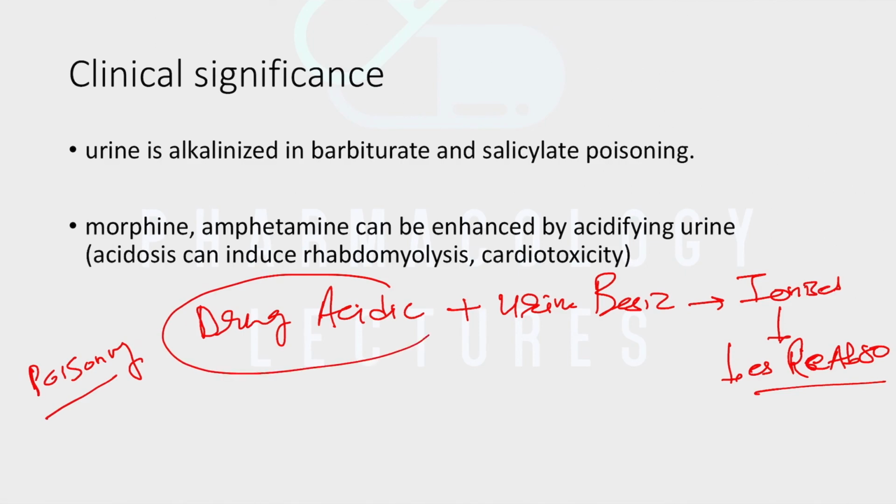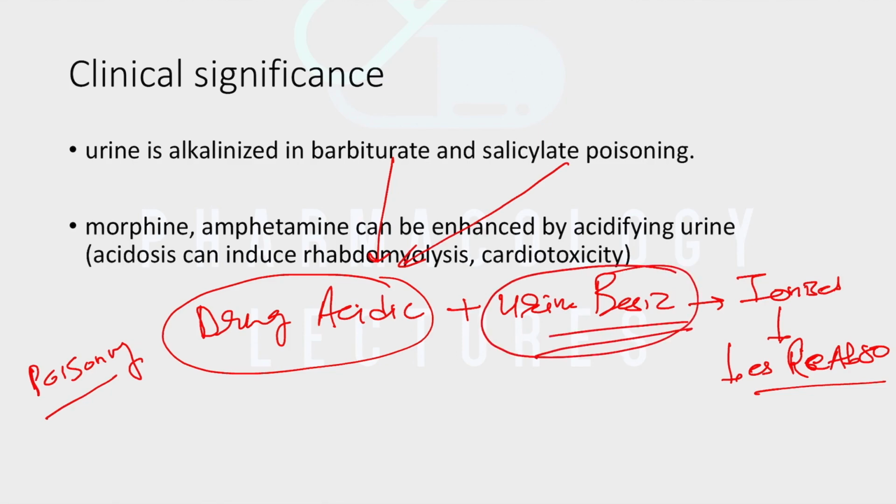If a patient has taken more of an acidic drug, for example barbiturates or salicylates, what do we need to do? Should we alkalinize the urine or acidify the urine? Yes, we need to alkalinize the urine and make the urine basic so that the drug gets ionized and gets less reabsorbed. Same way, what if the drug is basic in nature?